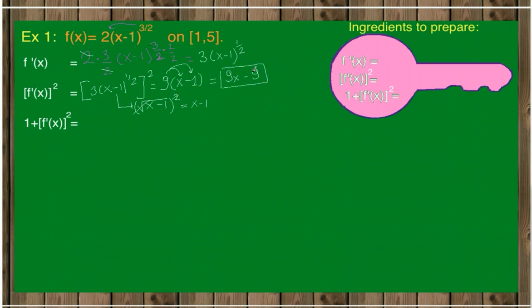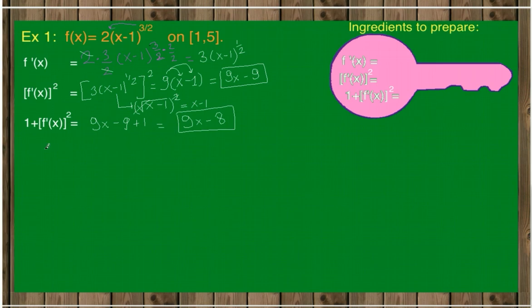Now we're going to add 1 to this quantity. So 9x minus 9 plus 1. So what we're going to get is 9x minus 8. So this is our 1 plus f prime of x squared, which we are going to use in our arc length formula.